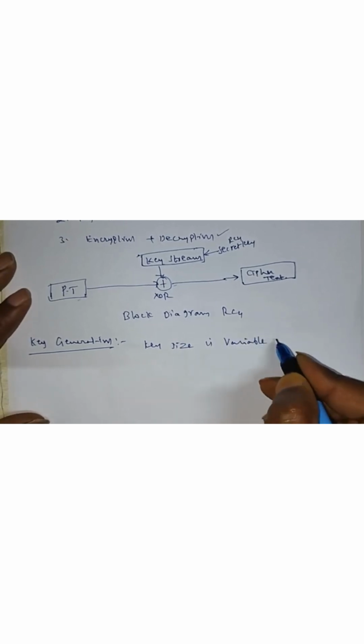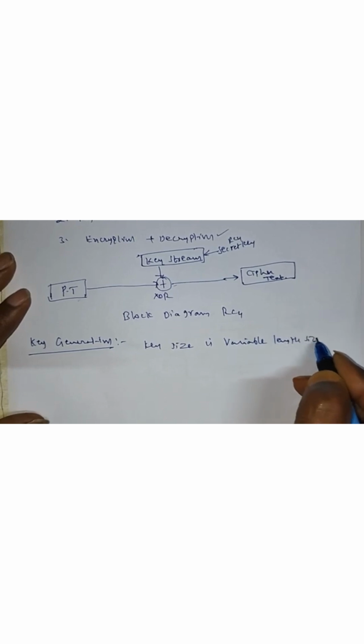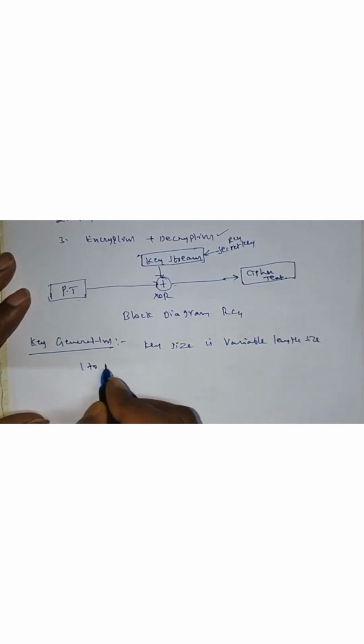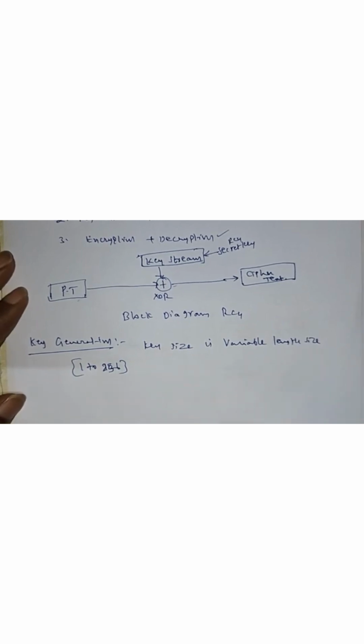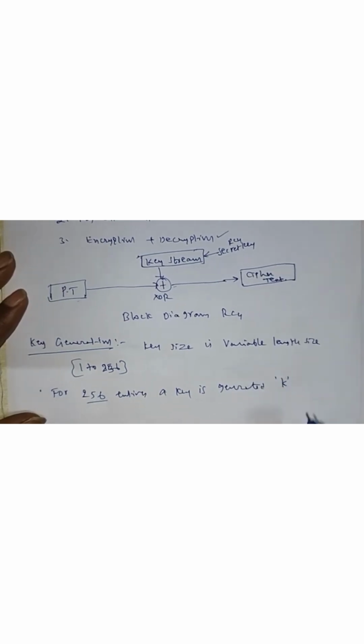When you are generating the key, it contains the length of the key, a variable length key size that varies between 1 and 256. And for every 256 entries, a new key is generated. That generated key is called the first round key.